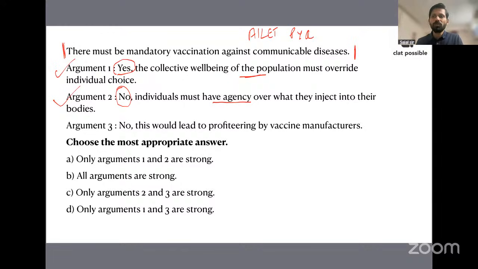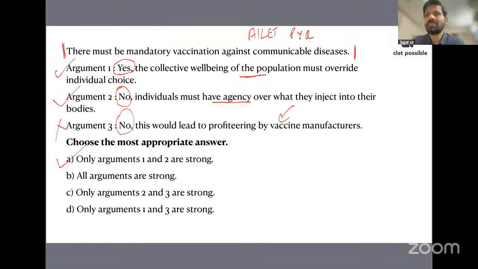That doesn't seem to be a strong argument against mandatory vaccination, right? So argument three is not strong, because of the reason, not because of no or yes. Okay. So we are going with option A here.